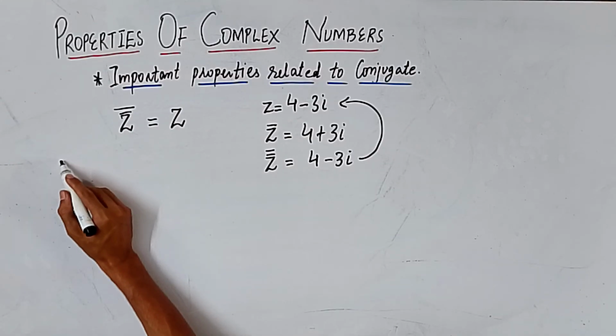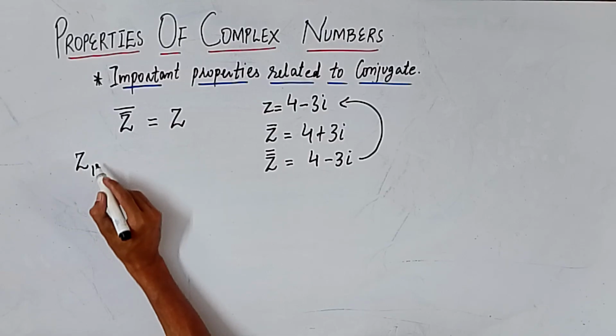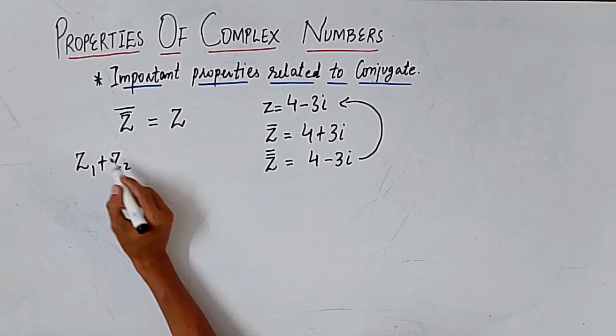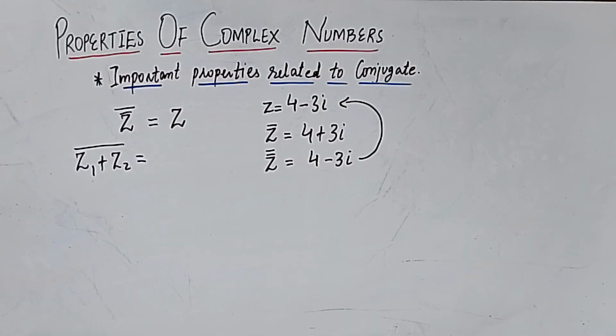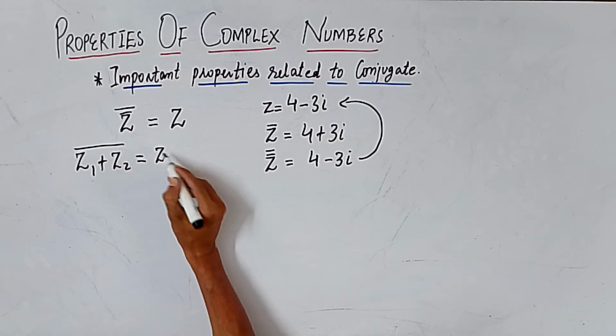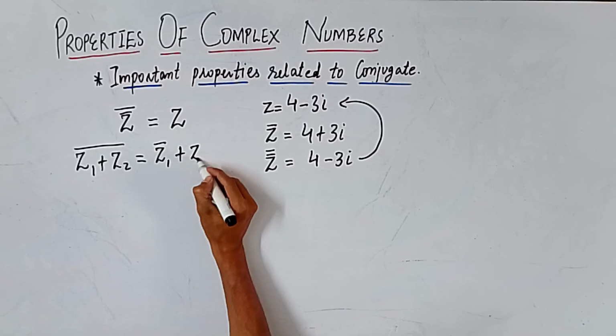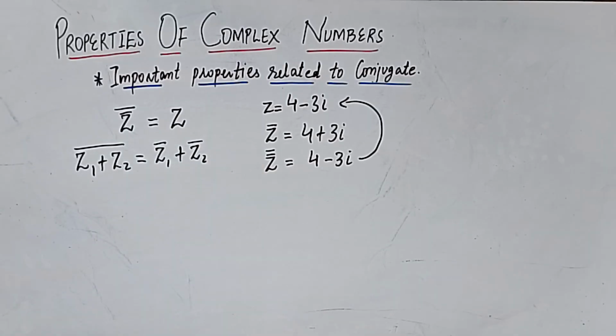The second property is: the conjugate of the sum of two complex numbers will always be equal to the sum of the individual conjugates. These properties are already proved, so you don't need to check them, though a question may ask you to prove this property.